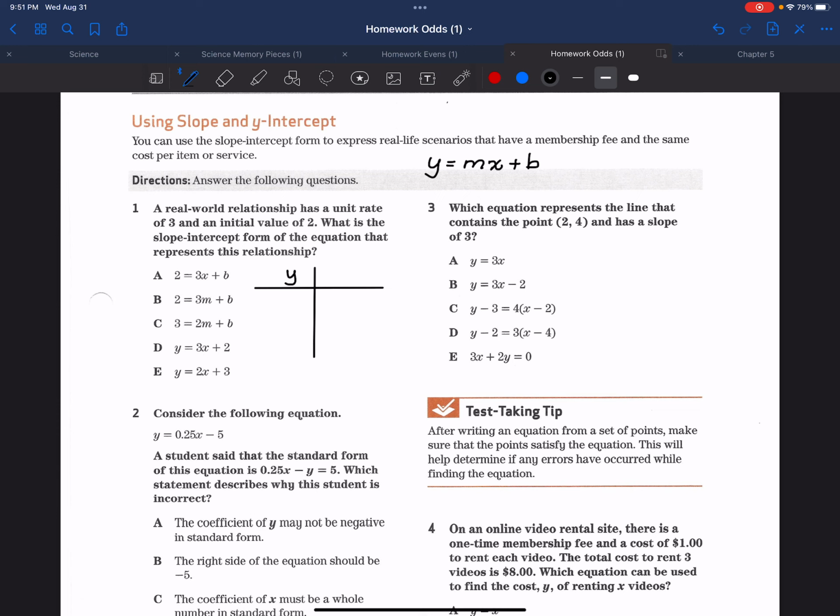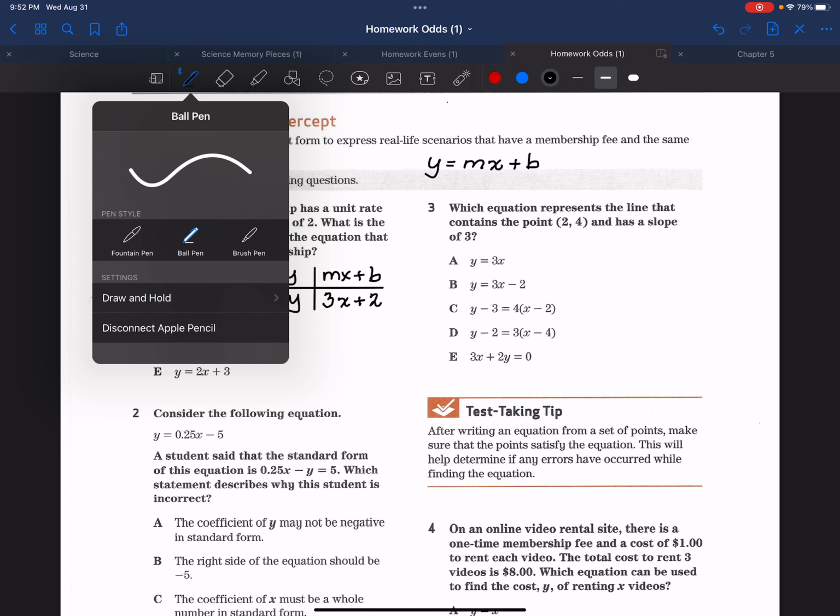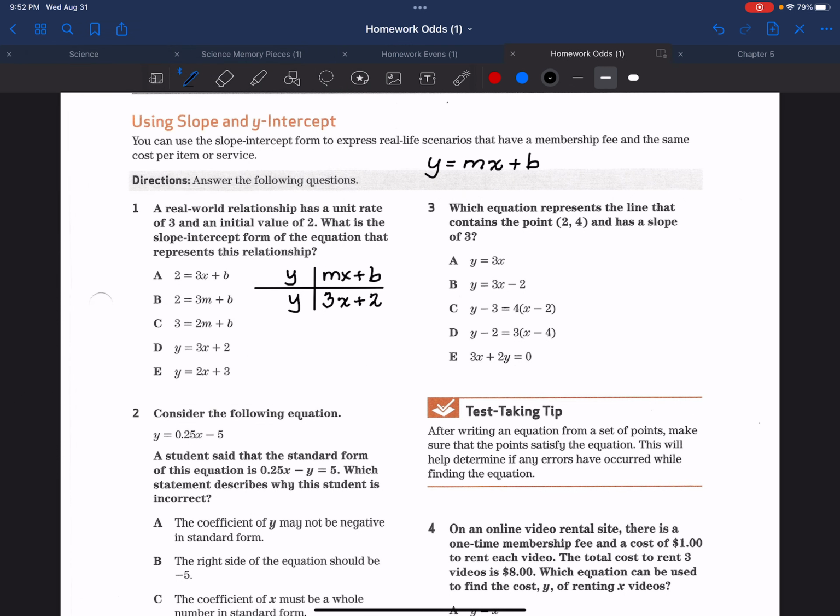We want y equals mx plus b. Y equals, the unit rate is the slope, and the initial value is b. So that's all I have to do. There is my equation, and I like option D.